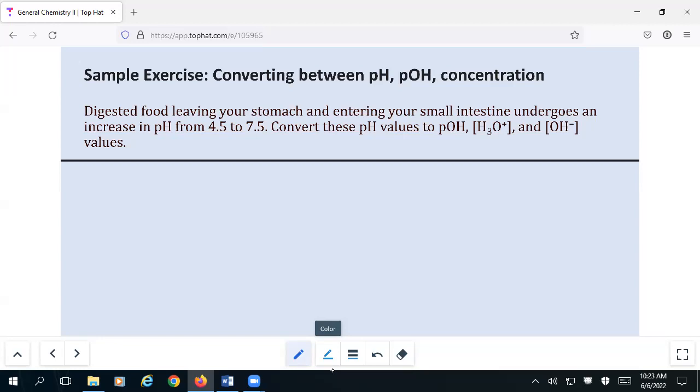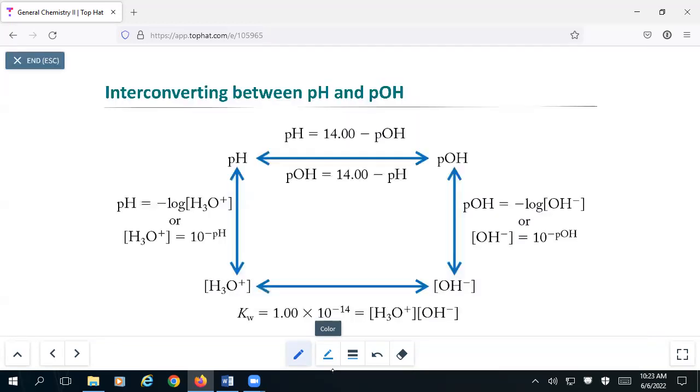So what we are going to need to do is we have two pH values, 4.5 and 7.5, and we're going to have to push them around the other corners of this rectangle. Now, the good news is it's an incredibly repetitive process. So if I can figure out how to do it for 4.5, I can do the exact same thing for 7.5 and be perfectly okay.